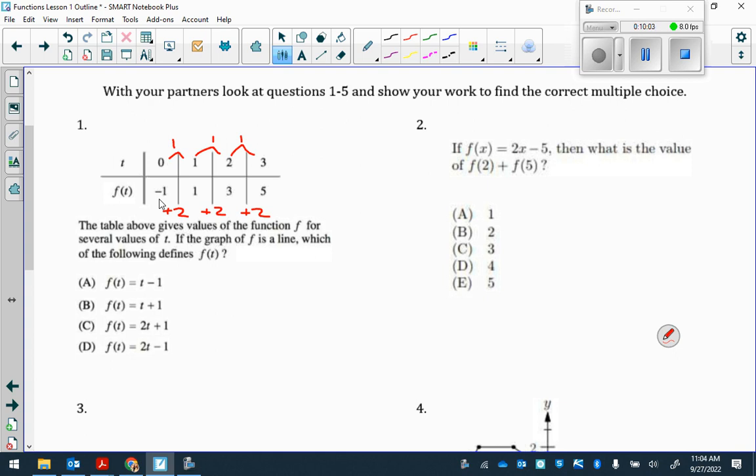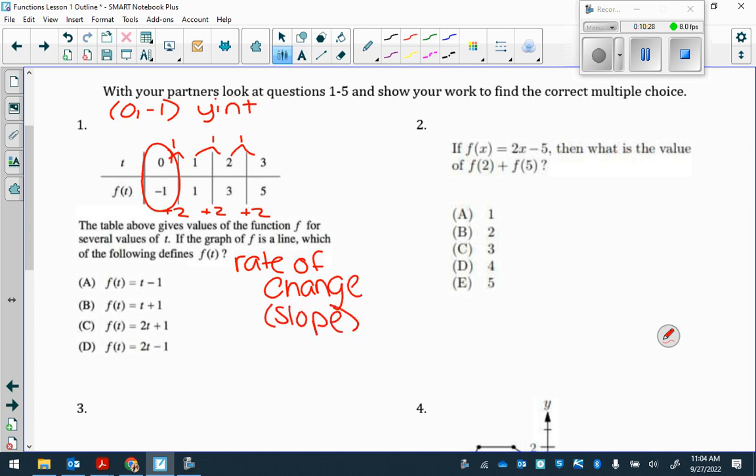Okay. This, however, 0, -1, as a point would be what? Your y-intercept. Okay, this is your y-intercept. And if you're increasing by 2 every time, your rate of change, which we just did, which is also your slope, is 2.